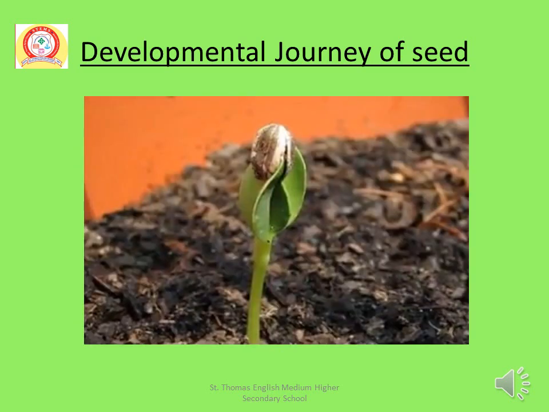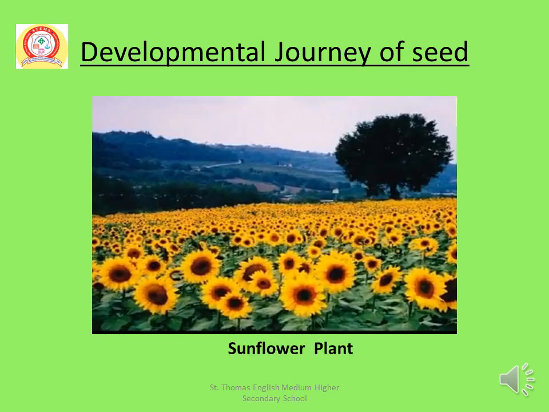In some plants, the growing shoot pulls the seed leaves out of the seed coat above the soil. These seedlings are the first leaves for these plants. Example, sunflower plant.